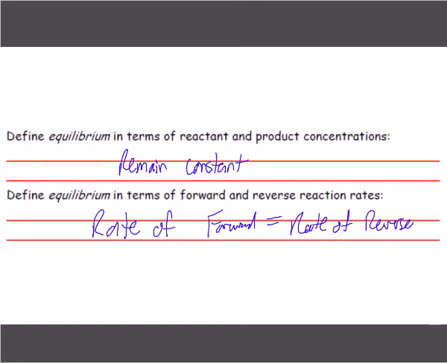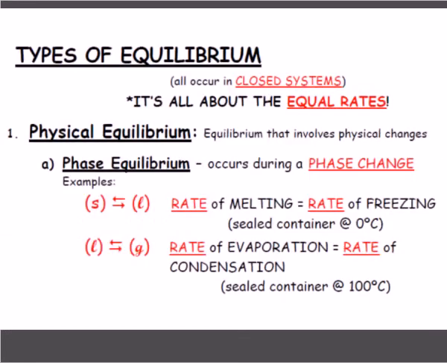That's what it means in terms of concentration. So the concentrations remain constant as you're reacting. In terms of the reaction rates, the forward rate equals the reverse rate, which leads to the concentrations being the same. So they go hand in hand. Make sure you guys can understand and be able to explain that.